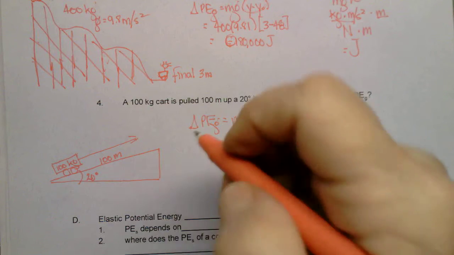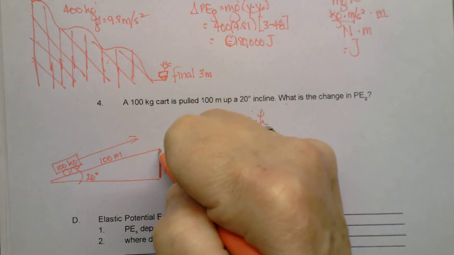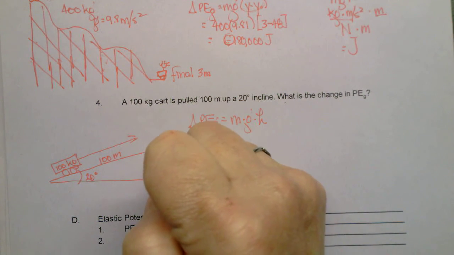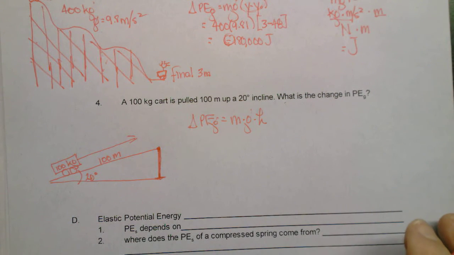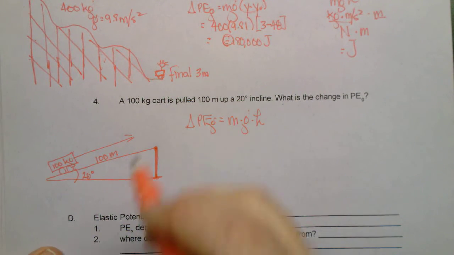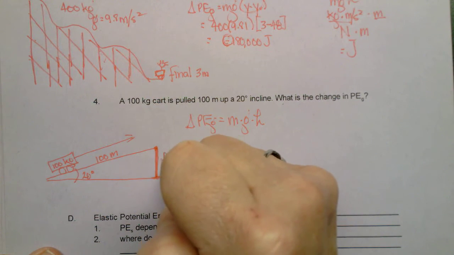That seems to be missing here. This would be the height. If it starts down at this position on the ground and ends up at this position above the ground, that's my height, but I don't have it. I want you to pause the video for a moment and see if you can figure out a way that I can get this quantity, my h.